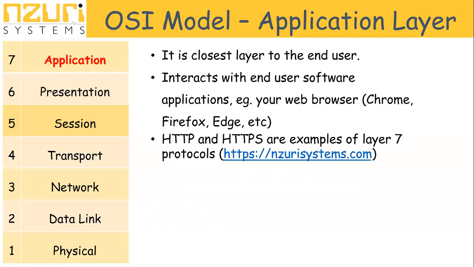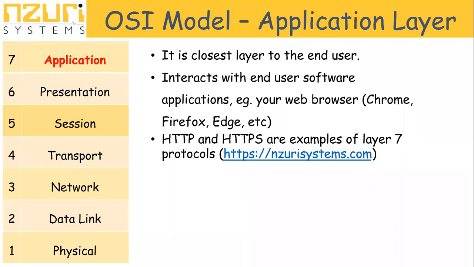So for instance, I open up a browser and I visit a website like Nzuri Systems, and preceding that you see HTTPS or HTTP. This is what we call the application layer protocol. So it's that hypertext transfer protocol that is actually trying to connect you to the network. Right, so know the difference.